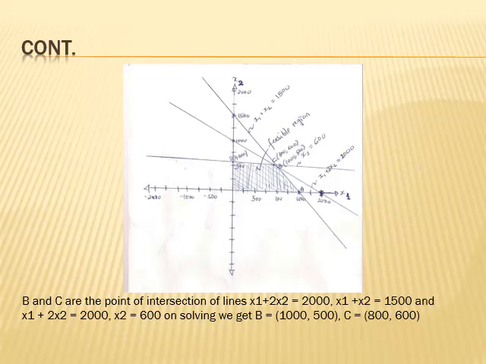The problem concerns two points, B and C. B and C are the points of intersection of the lines x1 plus 2x2 equal 2000 and x1 plus x2 equal 1500.